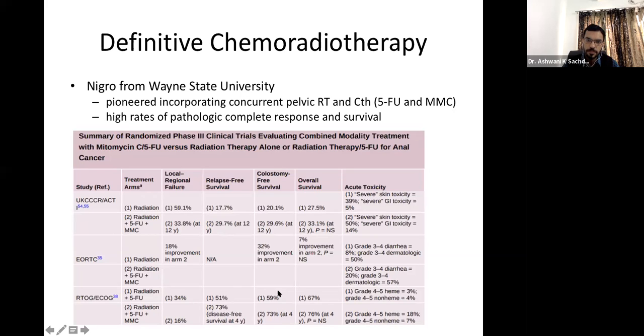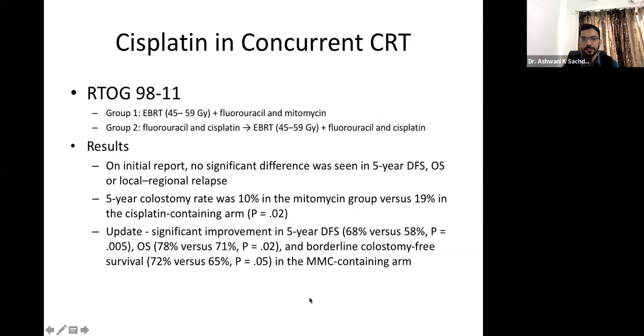So the treatment regimen of choice is radiation along with the addition of 5-FU and mitomycin C.